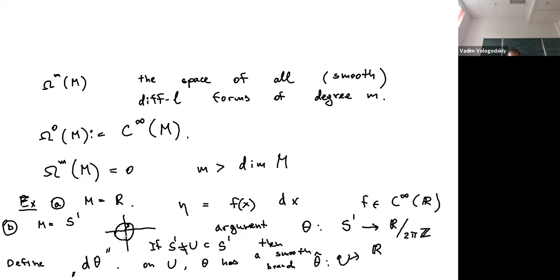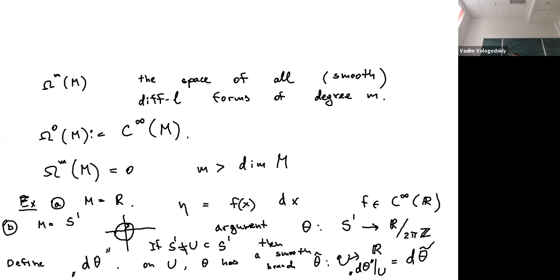So then this function is going to be continuous. So I have a single valued branch. And I define d theta, in quotation marks, restricted to U to be just the differential of this single valued branch, right?